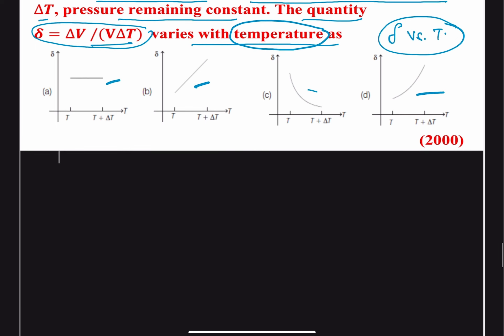So we are going to start with our ideal gas equation that is mentioned in the question itself. So we say ideal gas law, which gives us that PV is equal to nRT.